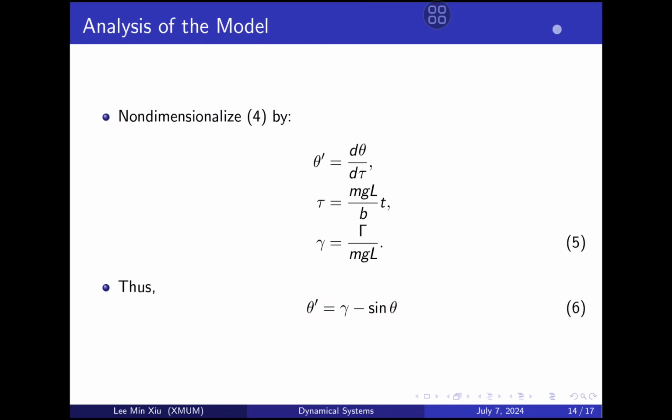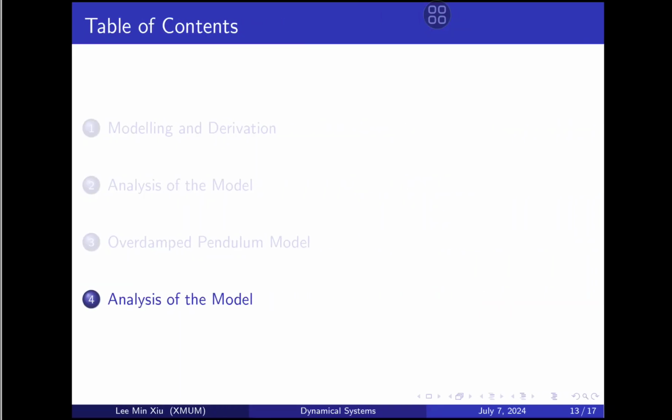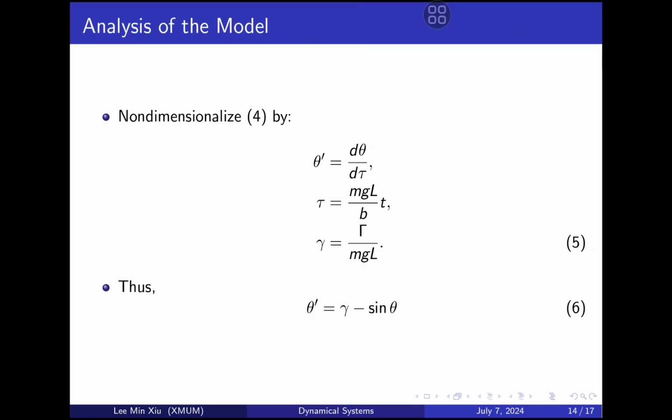Okay, before we analyze it, it's normally a good idea to non-dimensionalize your equation so that it becomes easier to solve. By non-dimensionalizing, I mean that we are making some substitution of variables such that our equation becomes something easier to deal with.